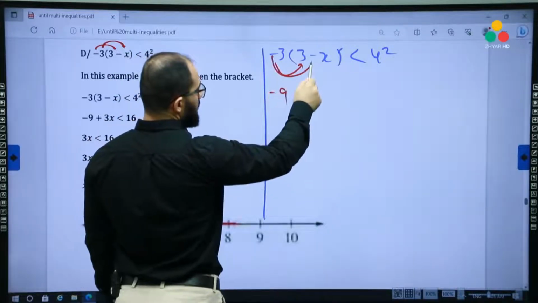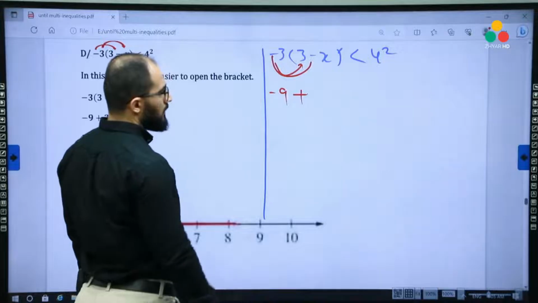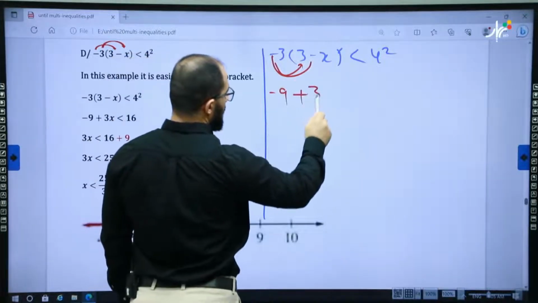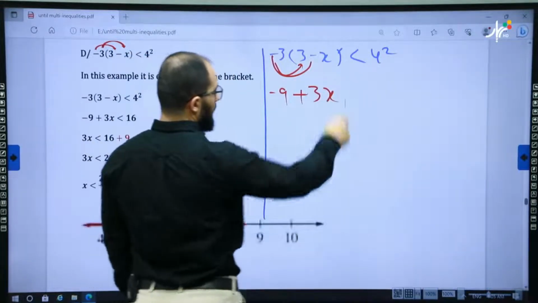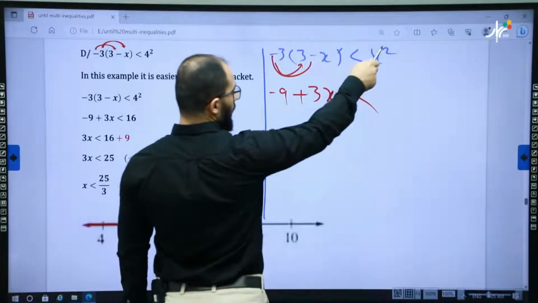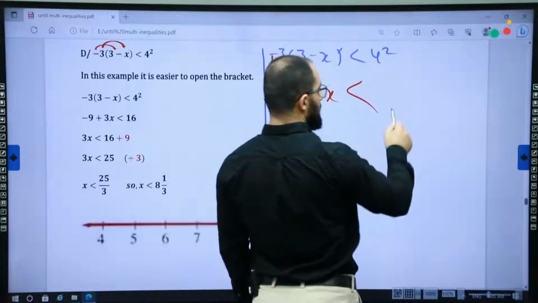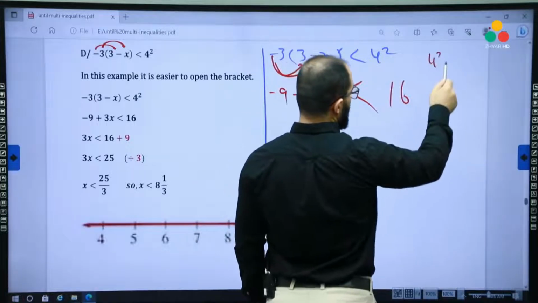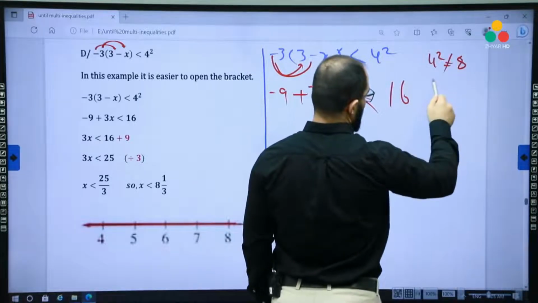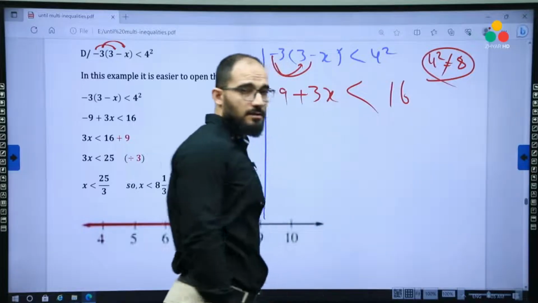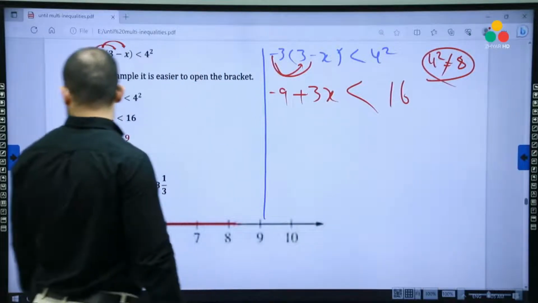Negative times negative is positive, 3 times x, 3x, minus 4 square, it is 16. Be careful. It is 16. Do not say 4 square is equal to 8. It's not correct, because 4 squared means 4 times 4.